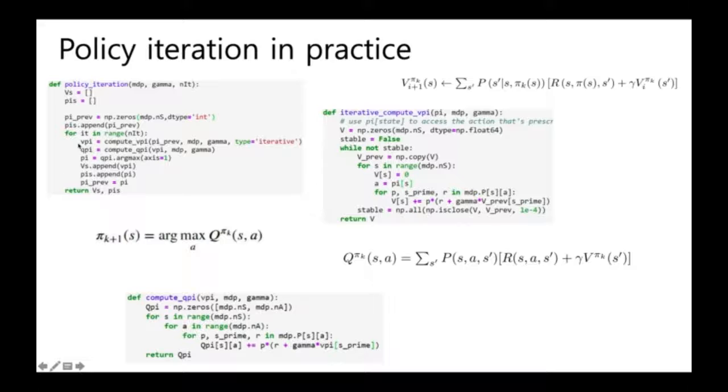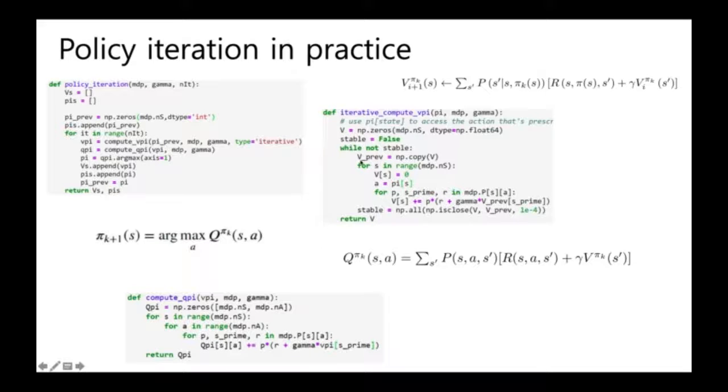In each iteration, the two steps, policy evaluation and policy improvement, are performed. In this example, we demonstrate policy evaluation by using the iterative algorithm. In the iterative policy evaluation function, the values of all states are computed iteratively.